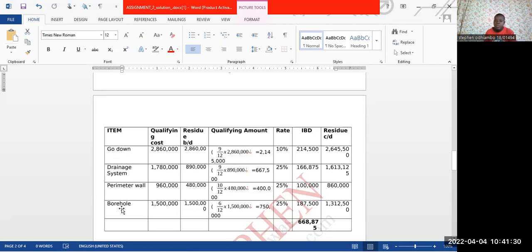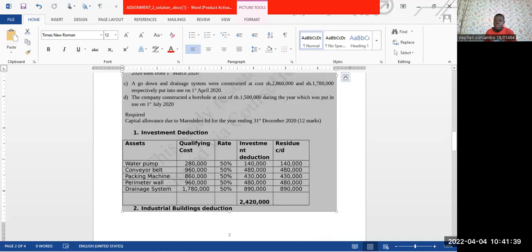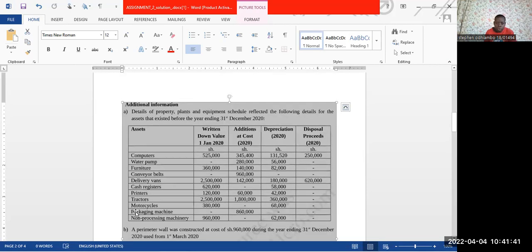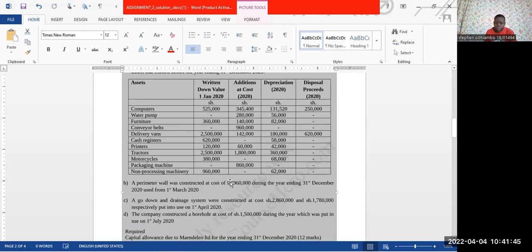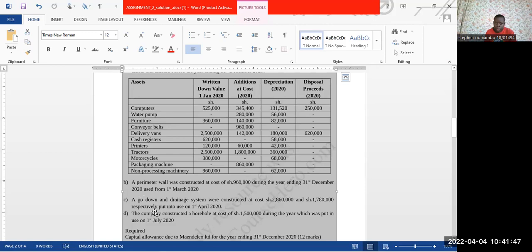Let me confirm for you, for a borehole. You just come up to your information here, then we will look at the borehole.